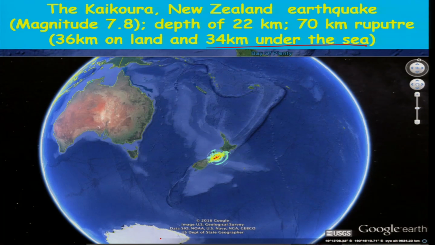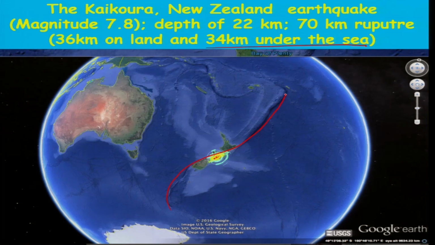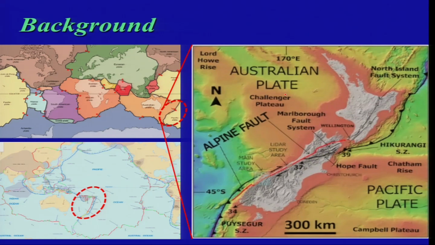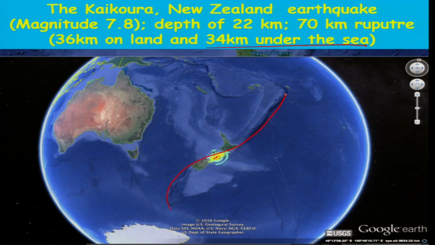This is the plate boundary here, and in the background, this is the boundary between the Pacific plate and the Australian plate. Going back to the slide, if you take this boundary, this side is your Pacific plate and this is your Australian plate.